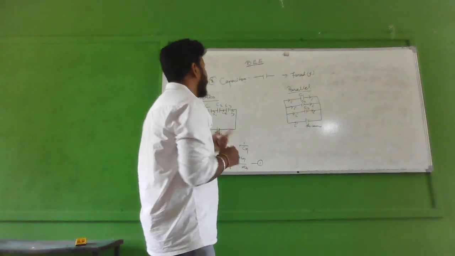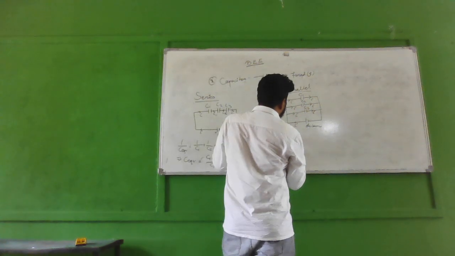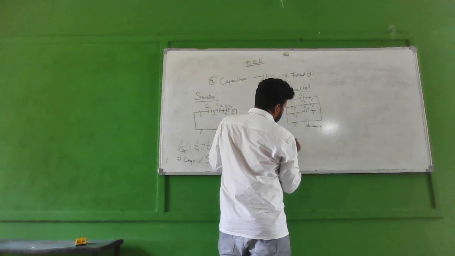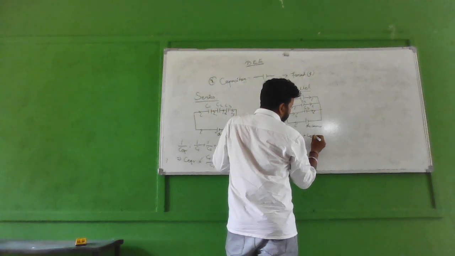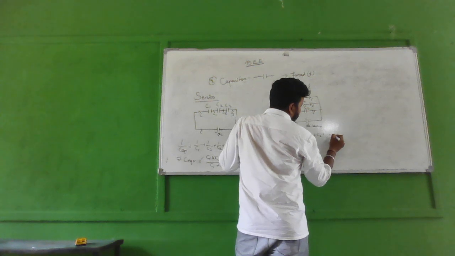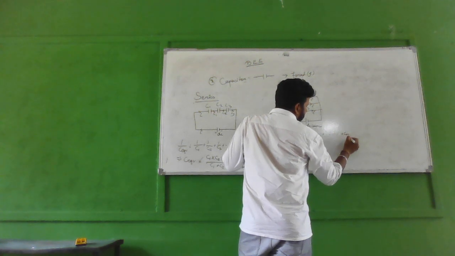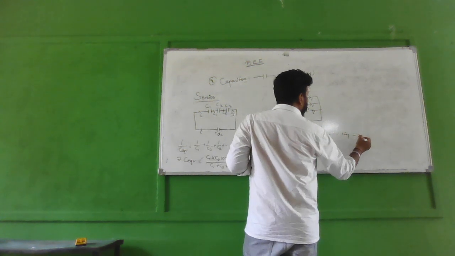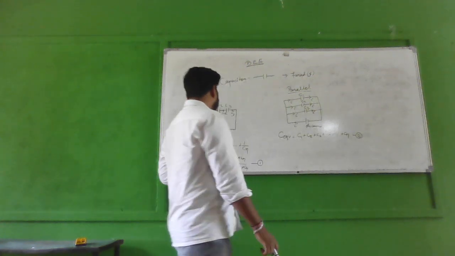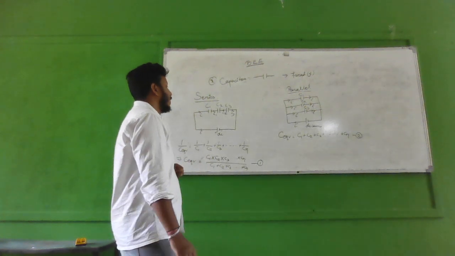Now, C equivalent in parallel is C equal to C1 plus C2 plus C3 up to Cn.